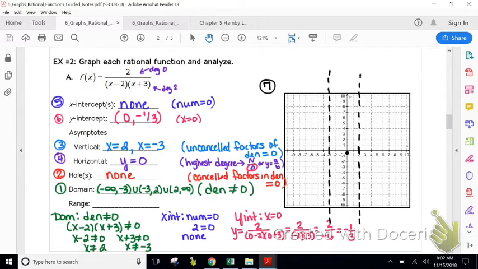I have a horizontal asymptote at y equals 0. And that's all I have to graph.